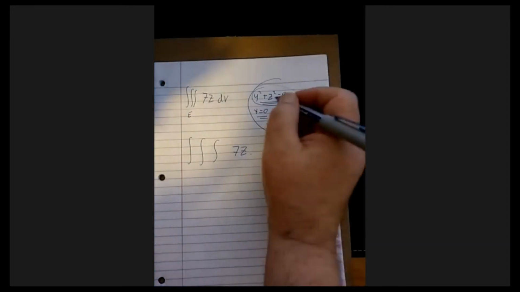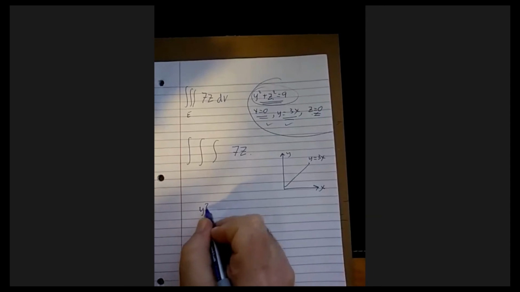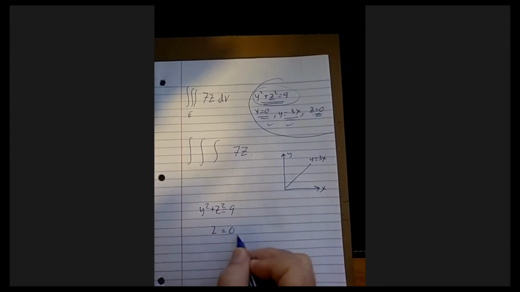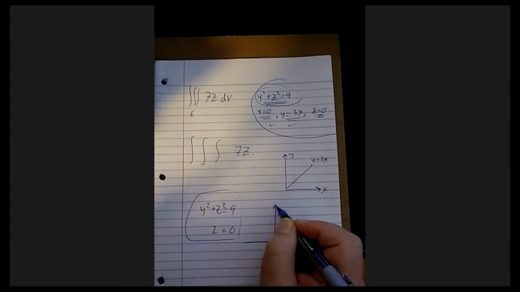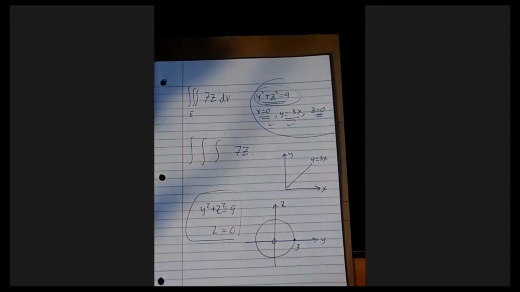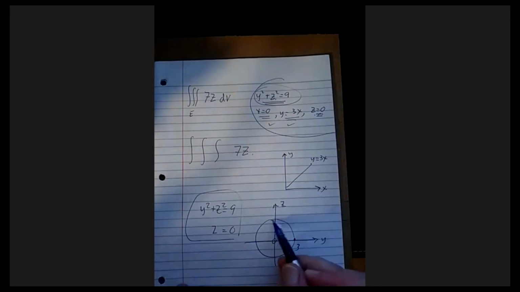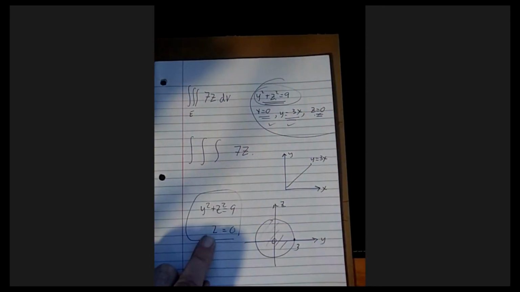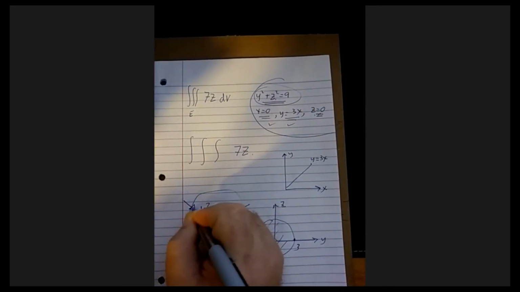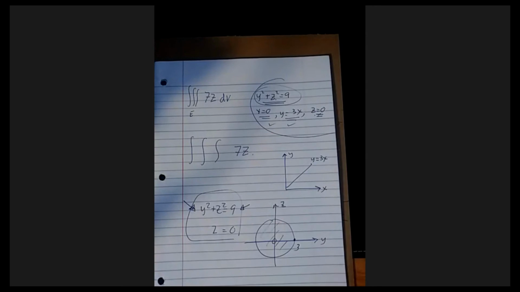So if I take y squared plus z squared equals 9, and I match it with z equals 0, what you are going to generate here is a circle, radius 3, going from the center to the outside. Now, what that allows me to do is, can I now do the y's and the z's in terms of polar coordinates?